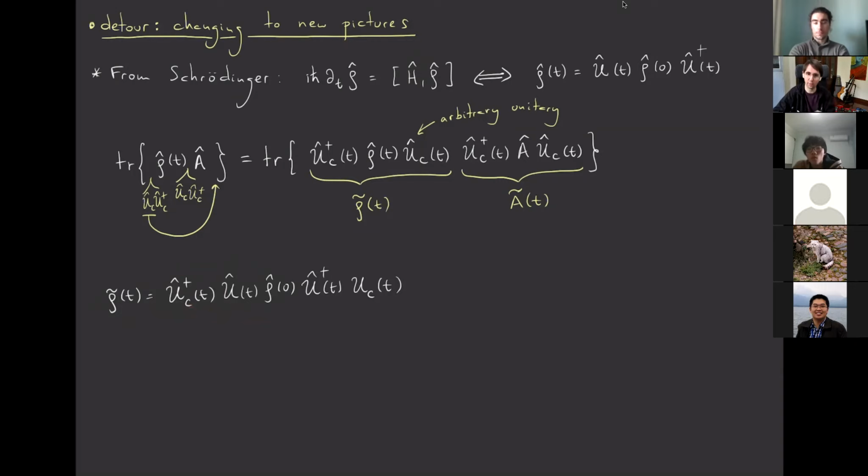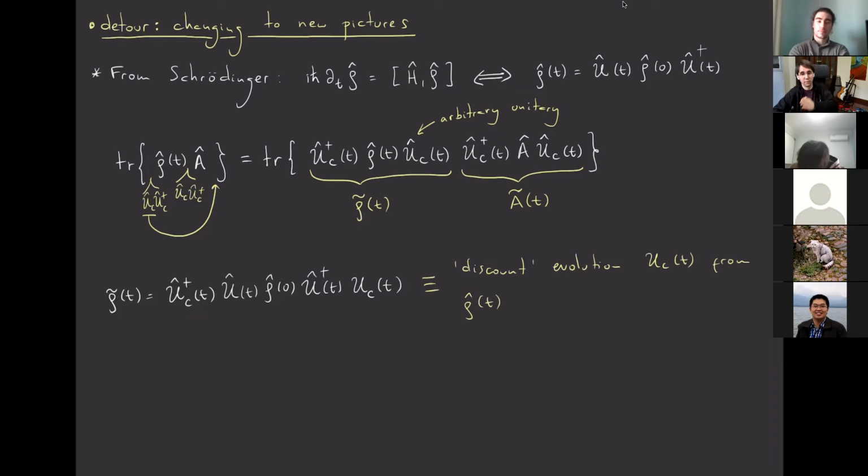And I will show you one specific example now, a very generic example. So what we are doing is essentially discounting the evolution U C of t from the fully evolved state rho of t.